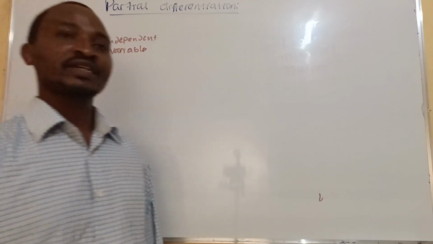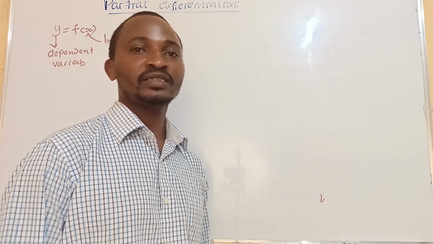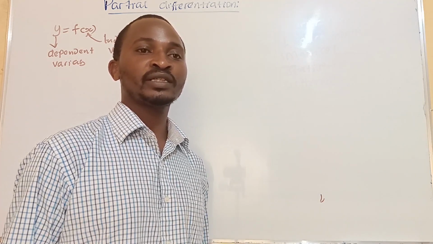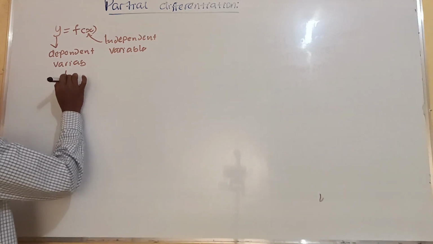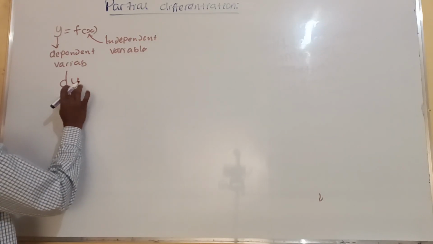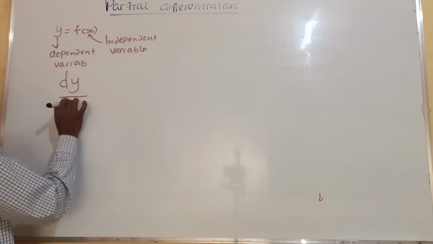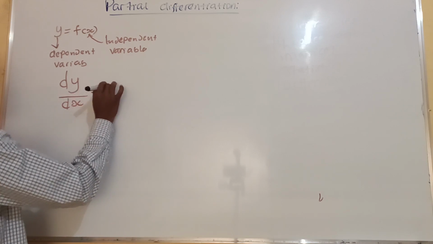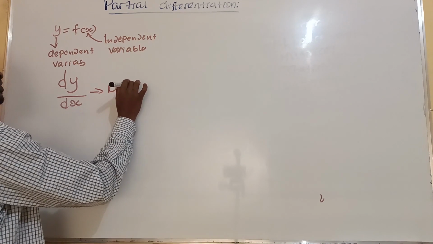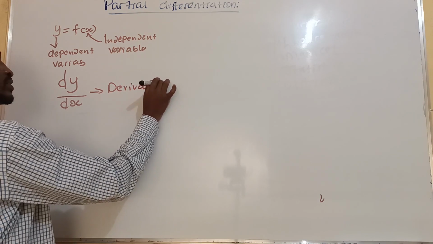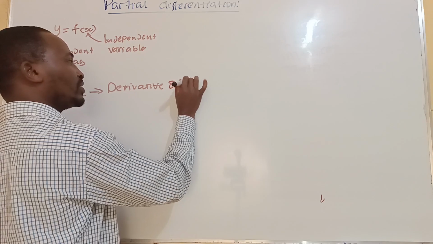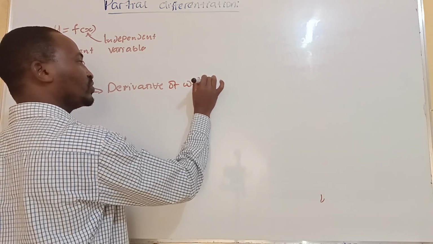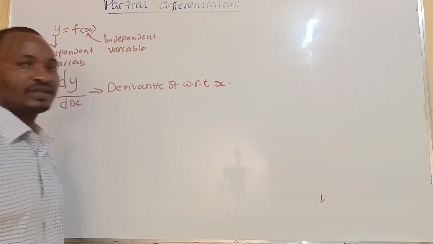In that case, you perform a complete differentiation, or you get a complete derivative, and it's usually denoted by the derivative of y with respect to x. This is read as the derivative of y with respect to x.